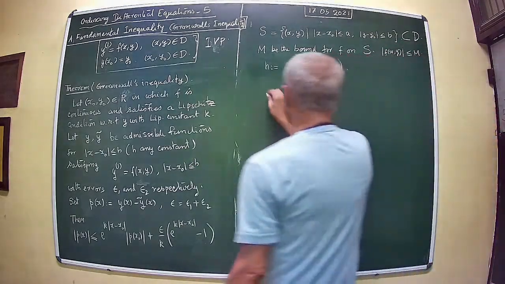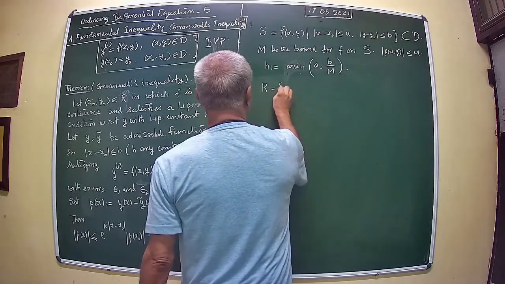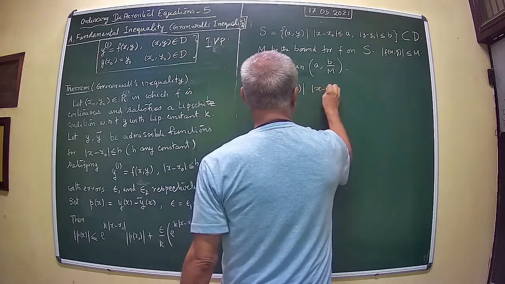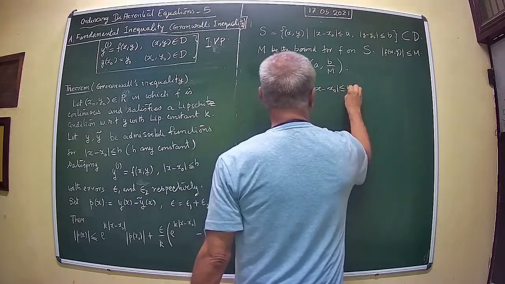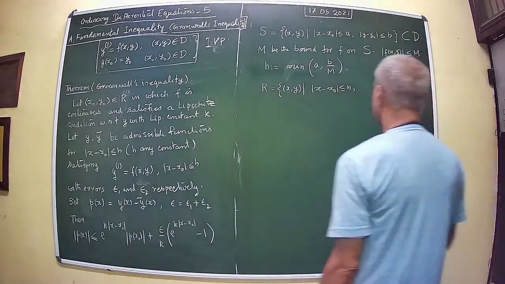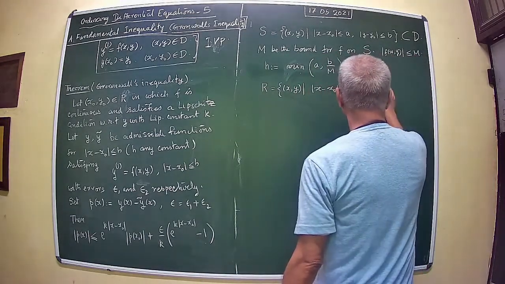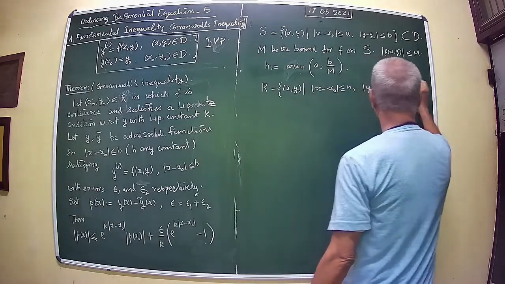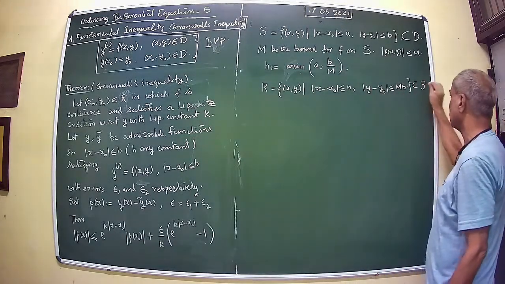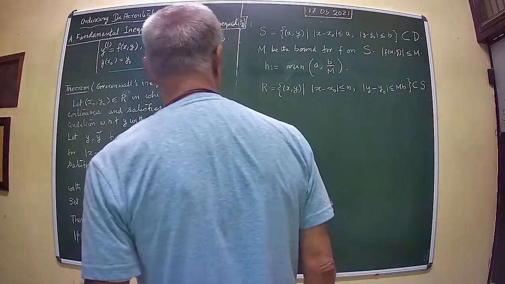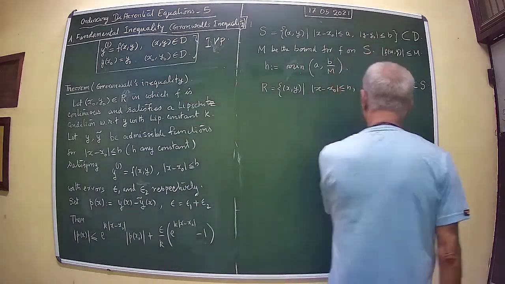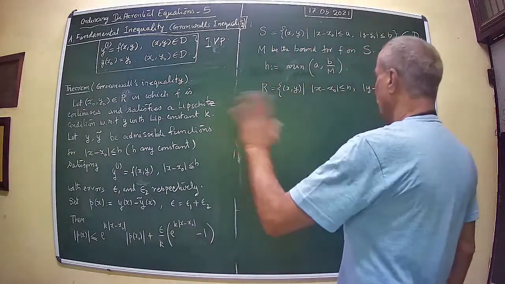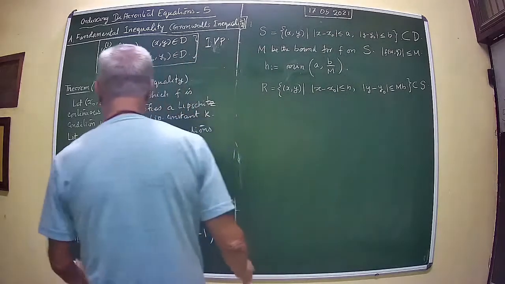Now we define R as the rectangle which is contained in S. So this is the rectangle R on which we have this point x0, y0, and that's how we have taken it.